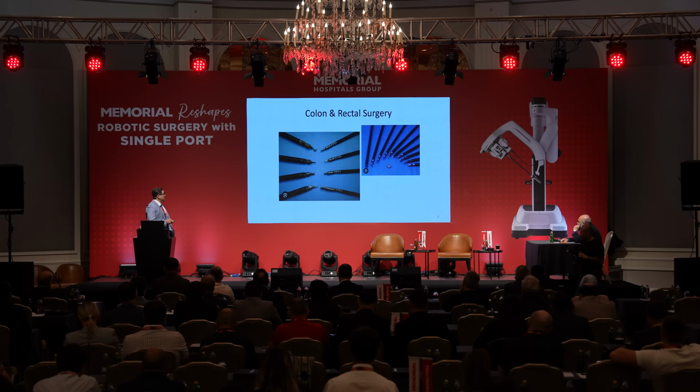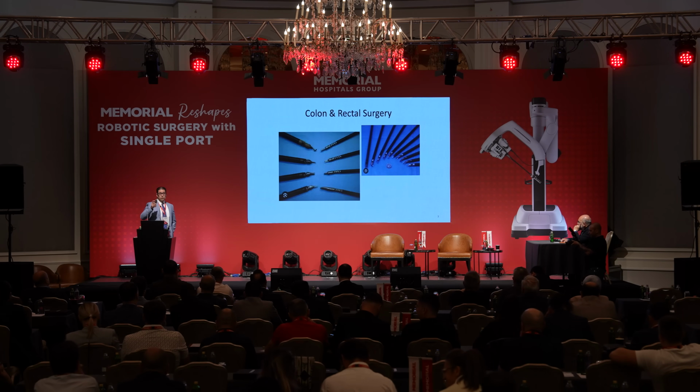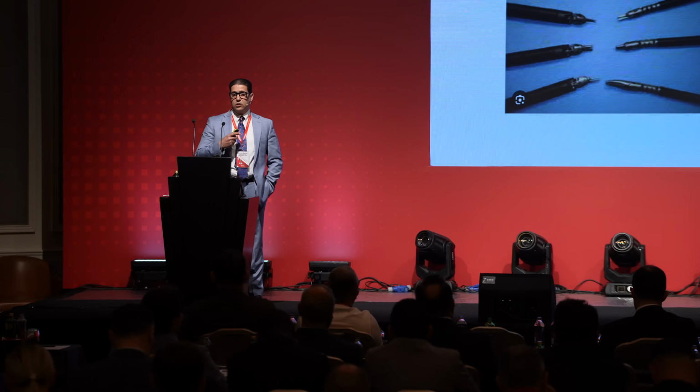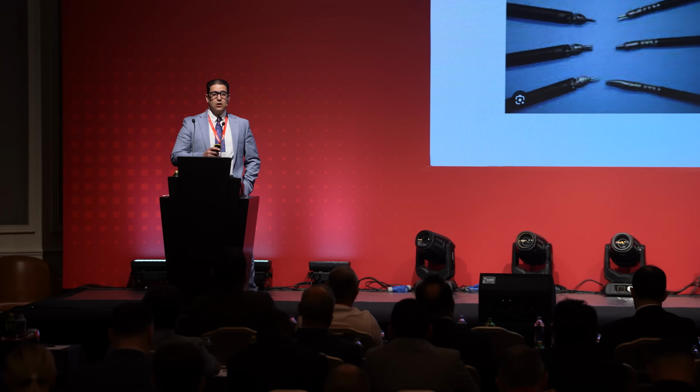Therefore, the instruments that are 8 millimeter for the Xi become 5 millimeter and even smaller tips for the SP. Therefore, if there is one specialty that's going to have a challenge in adopting the SP, in my mind, it is going to be the colorectal subspecialty, not anything else.